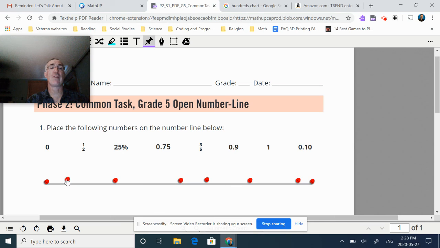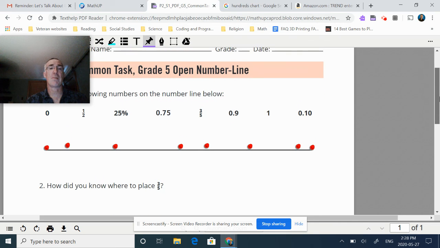If I was being very precise, that push pin would be located the exact same distance between here and here, and the exact same distance between here and here, because 50 to 60, 90 to 100, 0 to 10. So my spacing's a little bit off, but it's pretty close. That really is the nice thing about a number line.